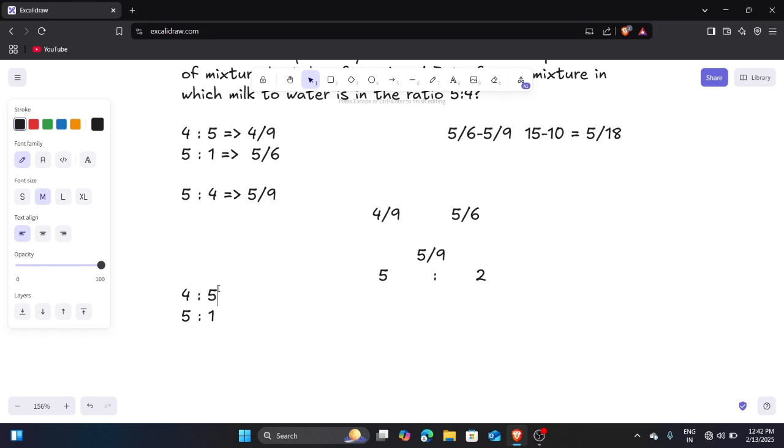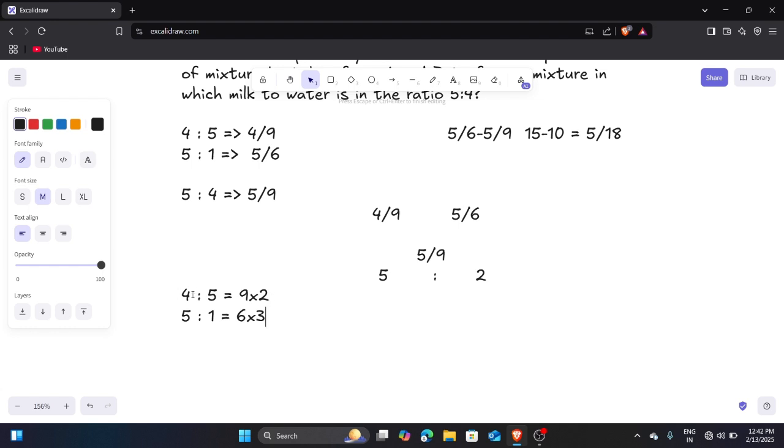You can see that the first quantity's sum is 9, and in the second quantity the sum of total units is 6. So you can multiply by 2 here, and by 3 here. Then they are equal, because this is also 18, this is also 18.